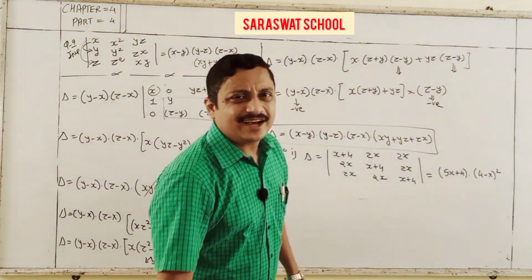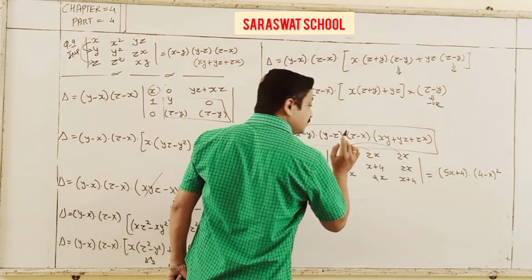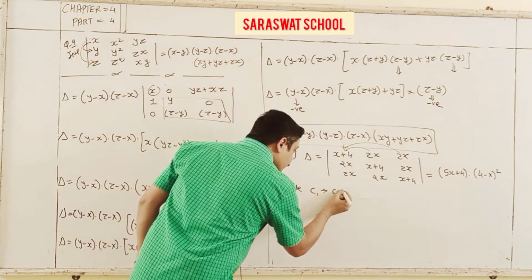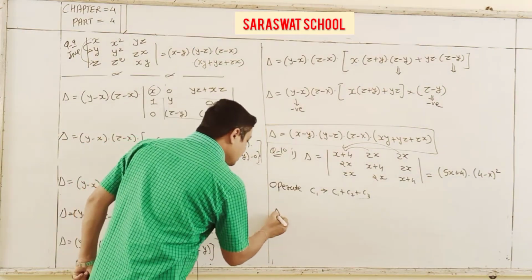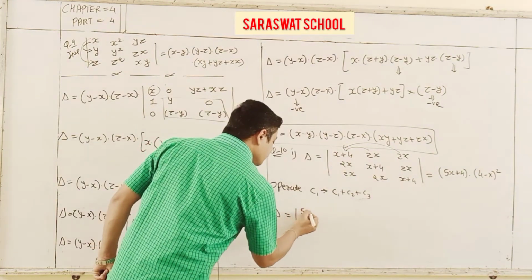So first decide how we can get 5x plus 4, these are added here. So operate column 1 plus column 2 plus column 3. So your del value is definitely 2x, 2x and x plus 4, 5x plus 4.